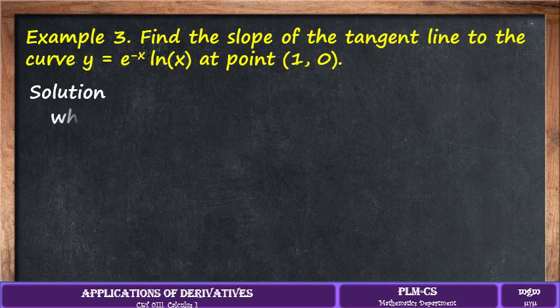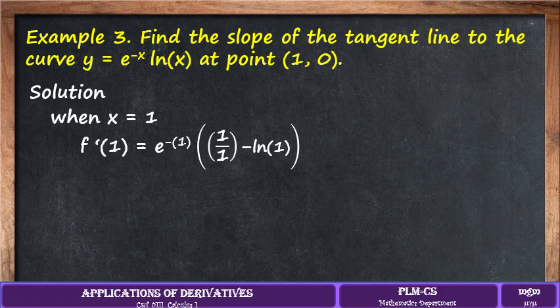When x equals 1, substituting 1 to every x in our derivative, we have f prime of 1 equals e raised to negative 1 times the quantity 1 over 1 minus ln 1. Performing the operation inside the parentheses, we have f prime of 1 equals e raised to negative 1 times 1 minus 0. Note that ln 1 is equal to 0.